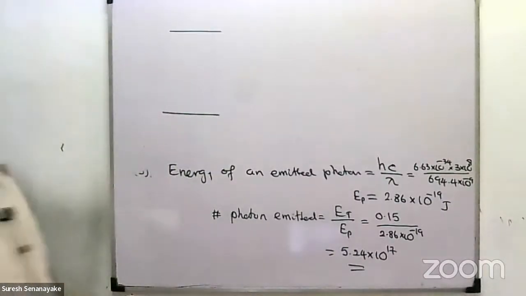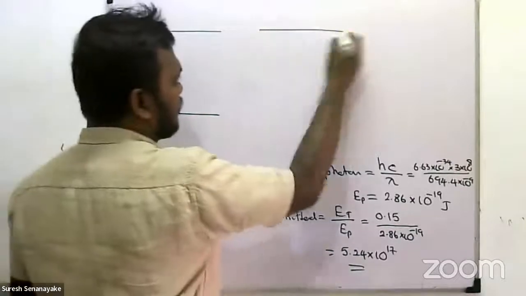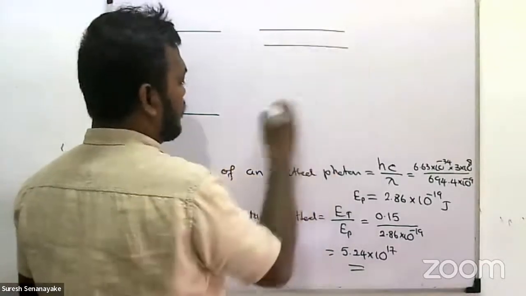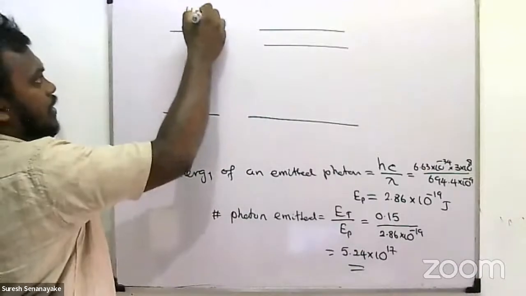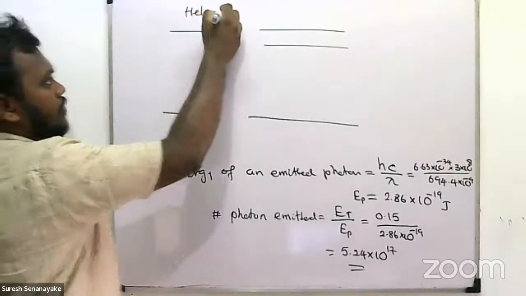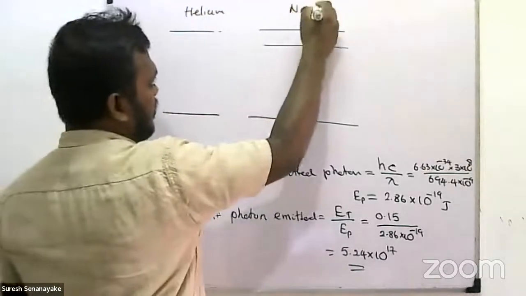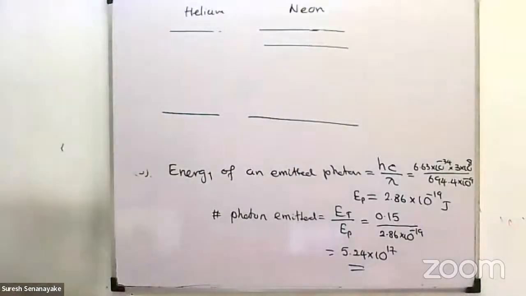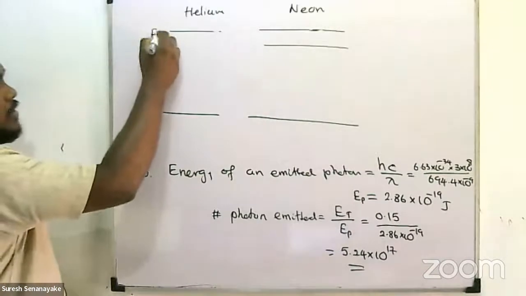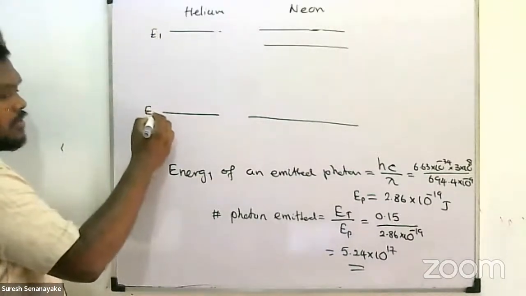This is helium, levels of helium. This is neon. The transition is E1, E2.